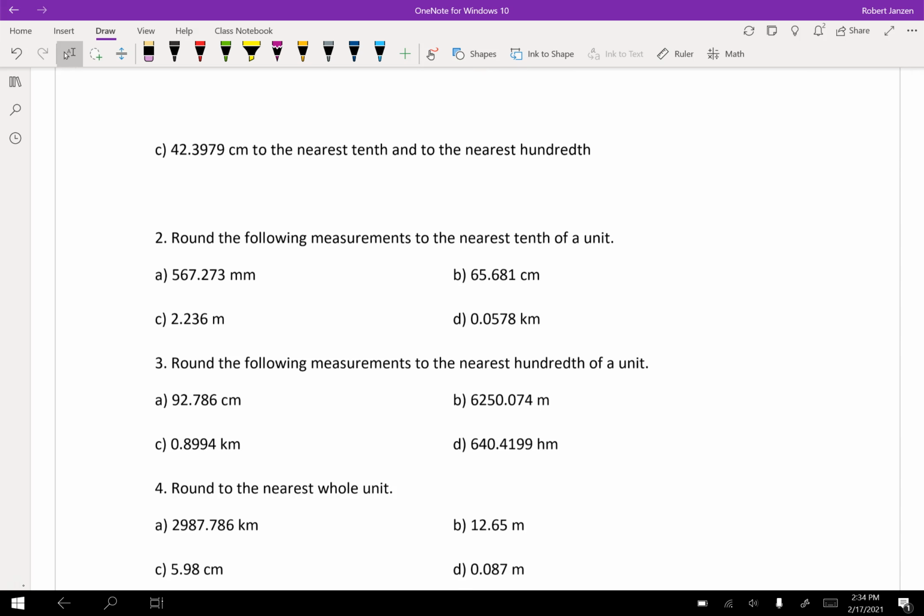Okay, to the nearest tenth, so this is the tenth, so I would have 42.4, and then to the nearest hundredth, that's to here. This is a little trickier. I'm going to go 42 point, now the 3 would be there, the 9 would become a 10, but I don't write 10. What I'm going to do is put 0 and put the 4 here.